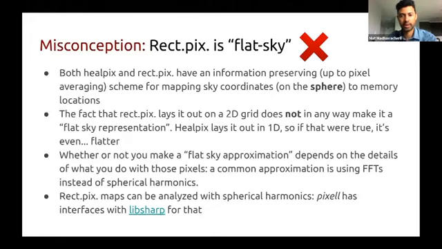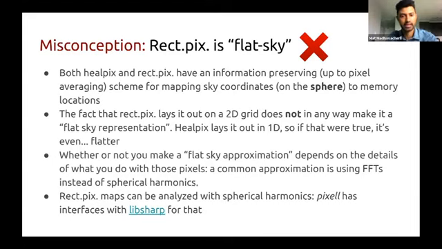I want to spend a minute to address a misconception. Once you get a map in rectangular pixelization, that does not mean that it is quote unquote flat sky. Both HealPix and rectangular pixelization have a scheme that's information preserving up to pixel averaging for mapping sky coordinates to pixel coordinates.